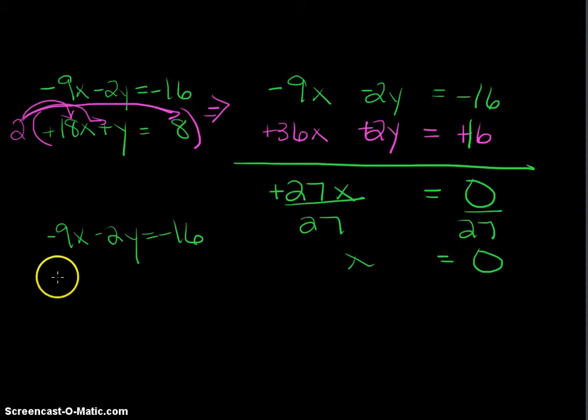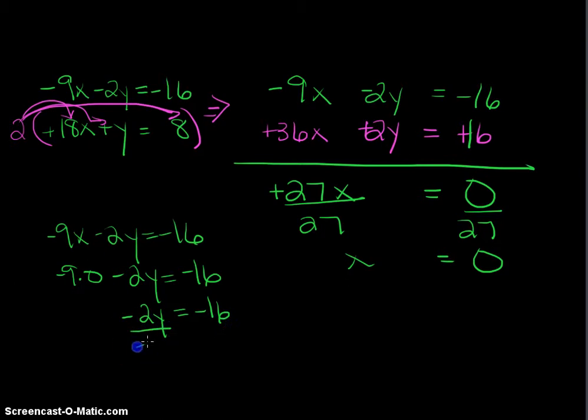So x equals 0, so it's negative 9 times 0 minus 2y equals negative 16. Well, negative 9 times 0 is 0. So then I'm just left with negative 2y. And then I divide by negative 2, and y equals a positive 8.